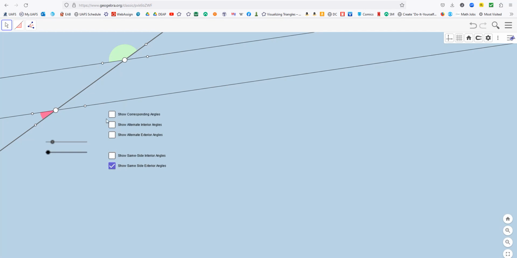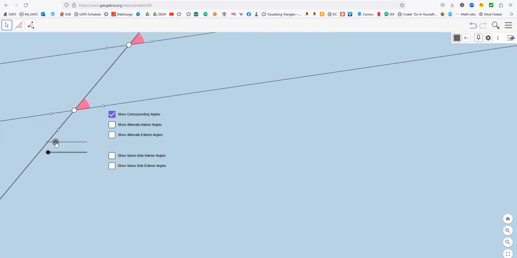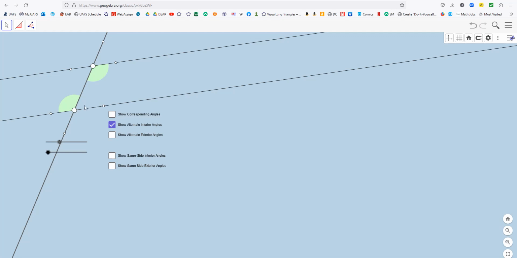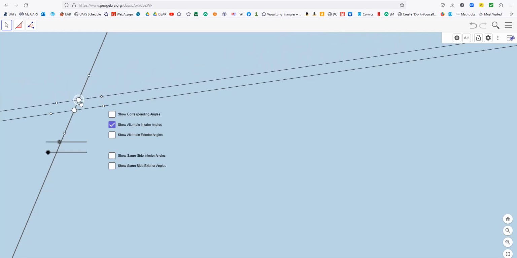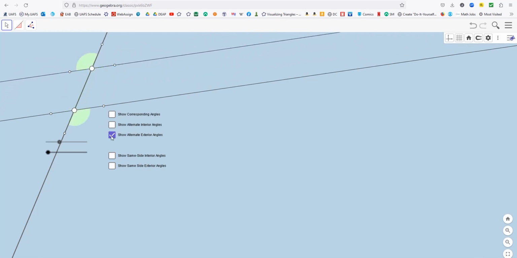When they're parallel, what do you notice here when you look at this? What about these corresponding angles? Whenever I manipulate this around, oh, that's interesting. What do you notice? Do you notice that they're congruent? How about these? It looks like they might be congruent there as well, or the alternate exteriors.